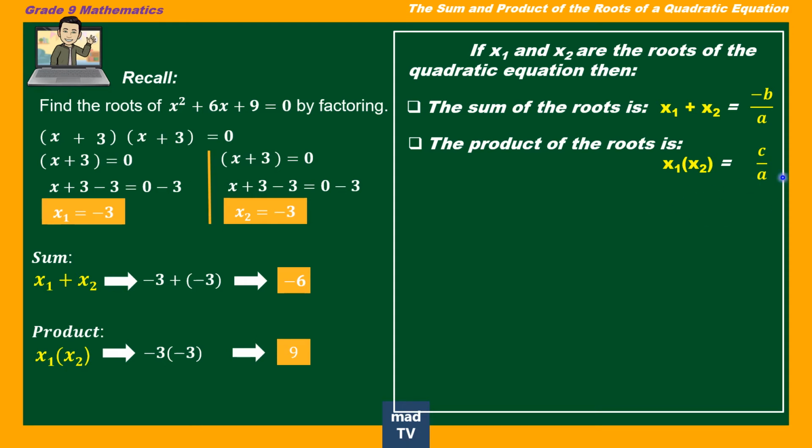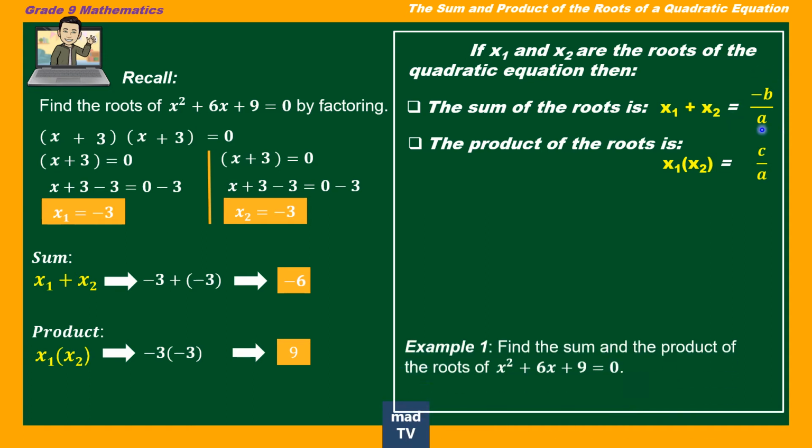So as you can see, mayroon na naman tayong a, b at saka c sa my formula natin. So using the formula, this is the shortcut method in solving the sum of roots. Okay? So dito, kukunin mo pa kasi yung roots, then i-add mo, then i-multiply mo. But here, we're going to use the formula.